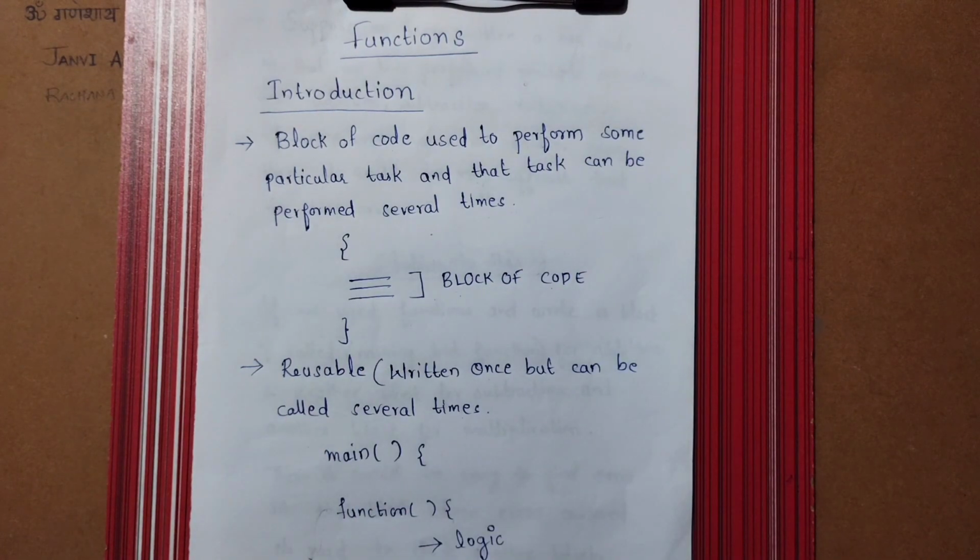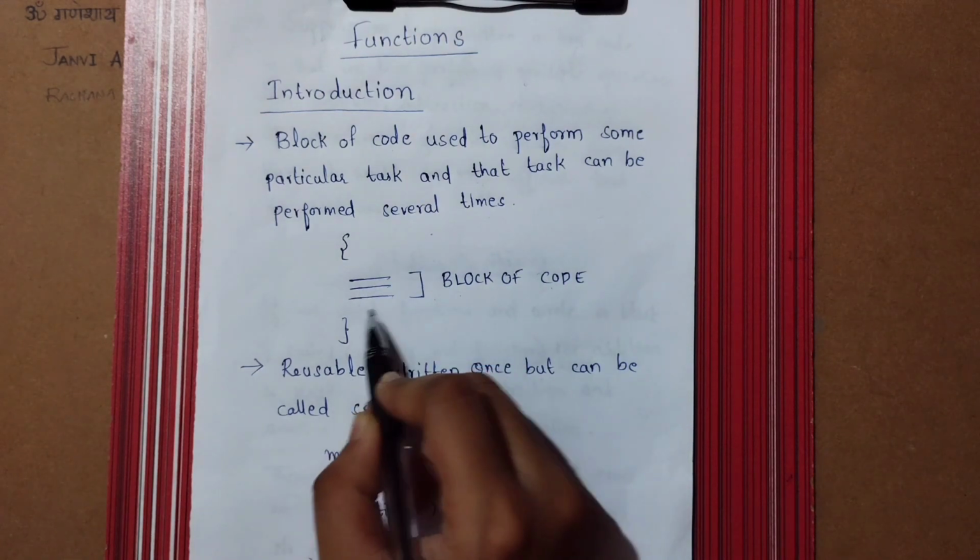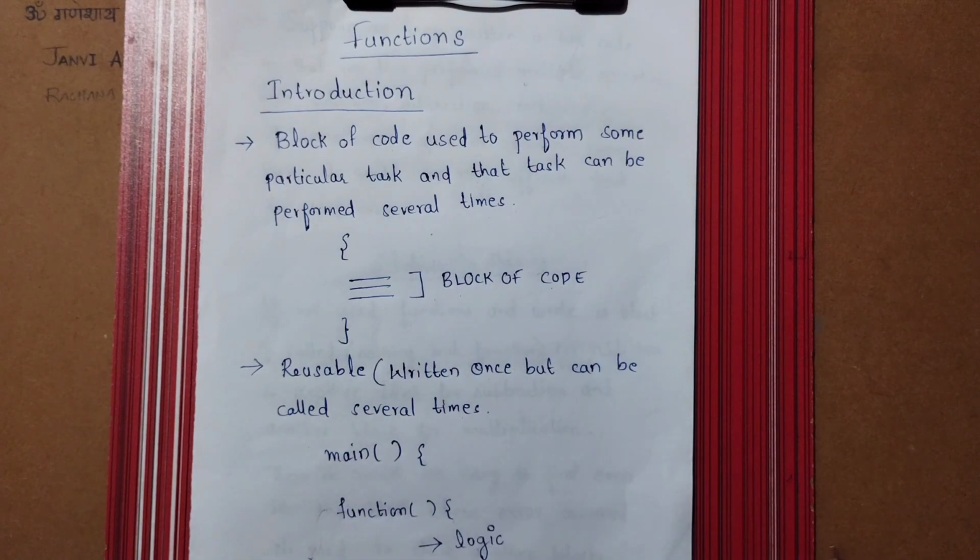As we know, when we write a code, we will have a problem statement, right? Suppose I give you a problem statement like add two numbers. Here your task is to perform summation of two numbers. So in this block of code, we'll have some task to perform, some activity, and it is performed several times.